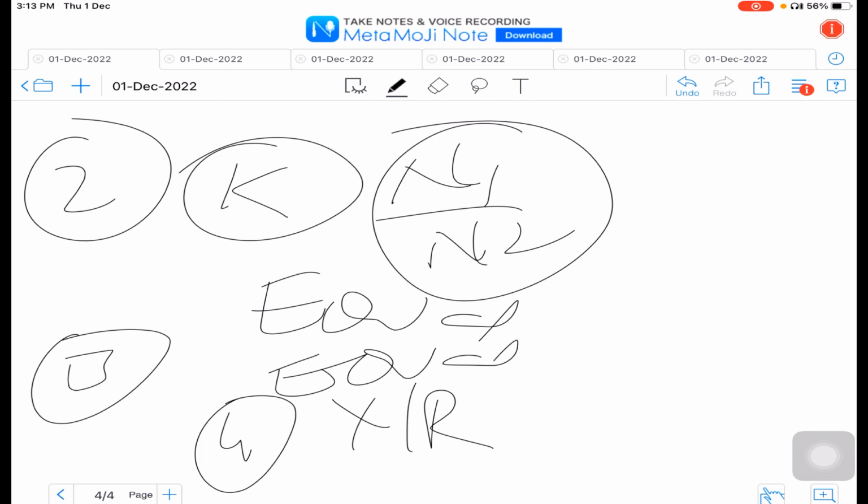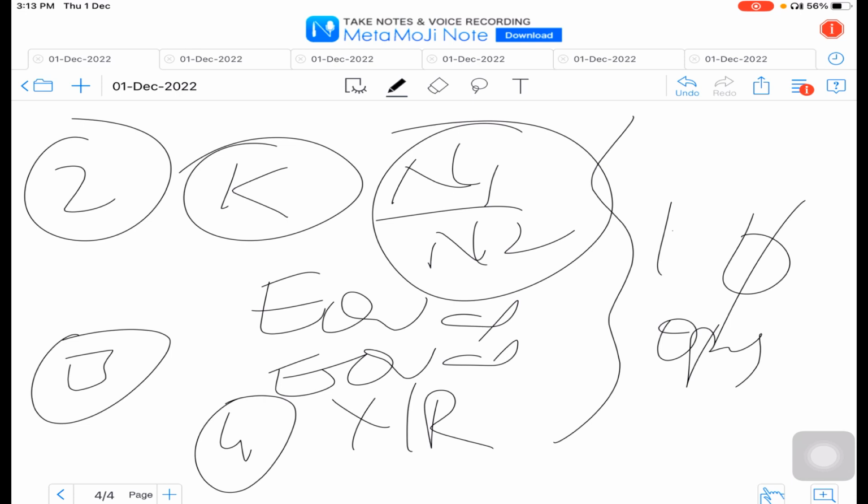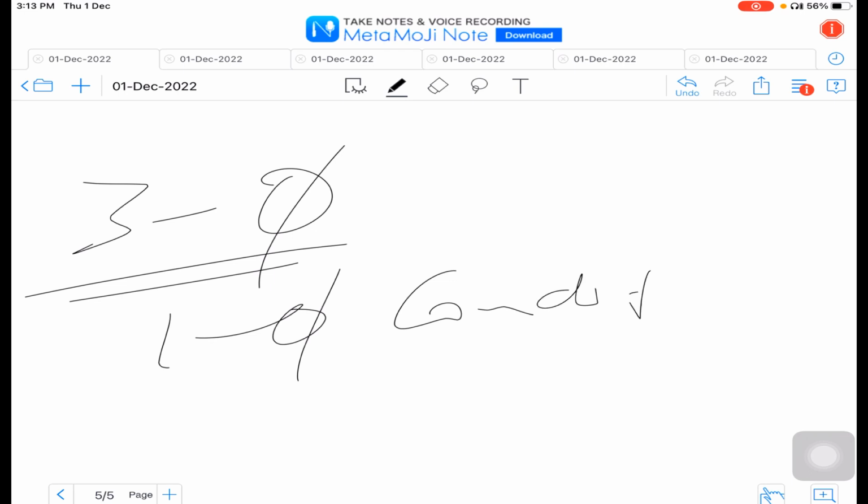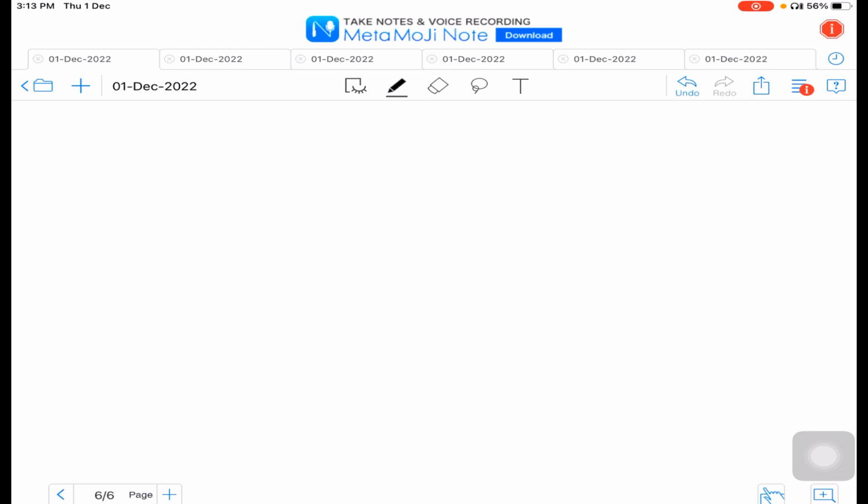These conditions hold good for single phase operation. So what about three phase? In three phase, all the single phase conditions are still required, but we need certain additional conditions. One is phase sequence.